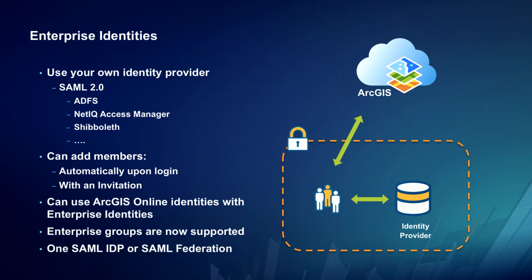We've recently also introduced the ability to sync up your enterprise groups with ArcGIS Online groups, so you can set up a relationship between a group in ArcGIS Online and an Active Directory group, and when someone who's a member of that group logs in, we automatically add them to the group in ArcGIS Online. That allows you to give them access directly to certain items and other things that you might want them to have access to the first time that they log in.